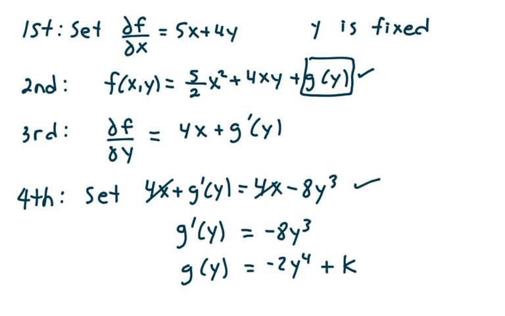The 4x's cancel, and we get g'(y) = -8y³. And so that tells me that g(y) = -2y⁴ + k. Remember, k is constant.